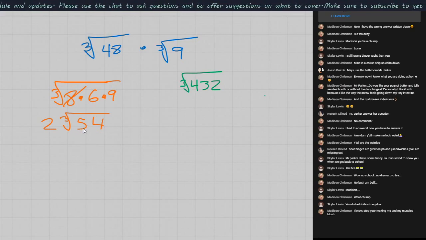And then at this point, you could pull out another perfect cube, and I'm going to let y'all try to figure that one out as I move on and take out at least an 8 over here. So I want you to tell me what's another perfect cube that you can pull out from 54. While y'all are working on that, I'm just going to rewrite this with 8 factored out.